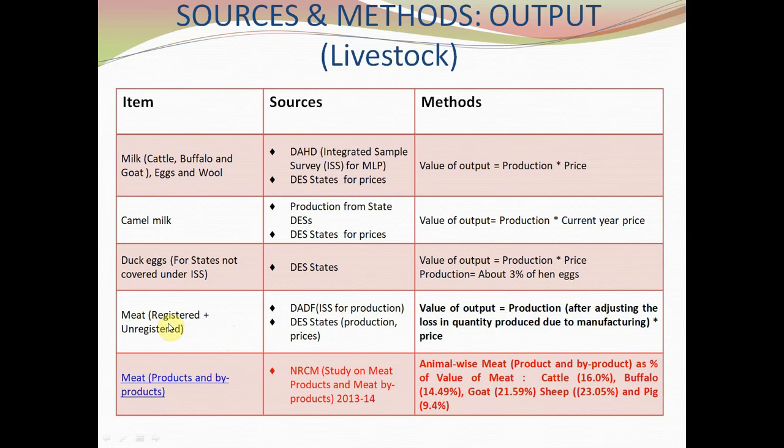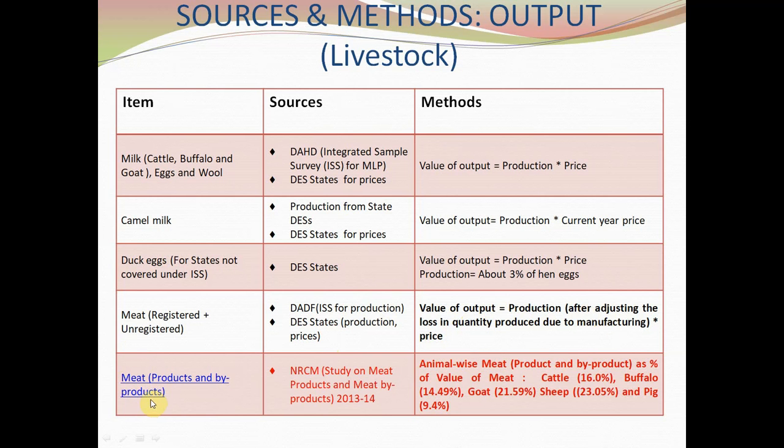Now meat, registered or unregistered. For this, DADF is the source for production data, and integrated sample surveys are used. For production and prices, the states are also providing this data. Value of output is production, after adjusting the loss in quantity produced due to manufacturing, into prices.